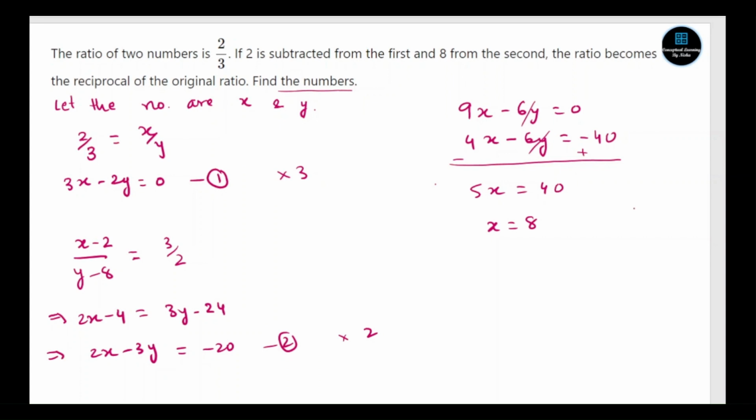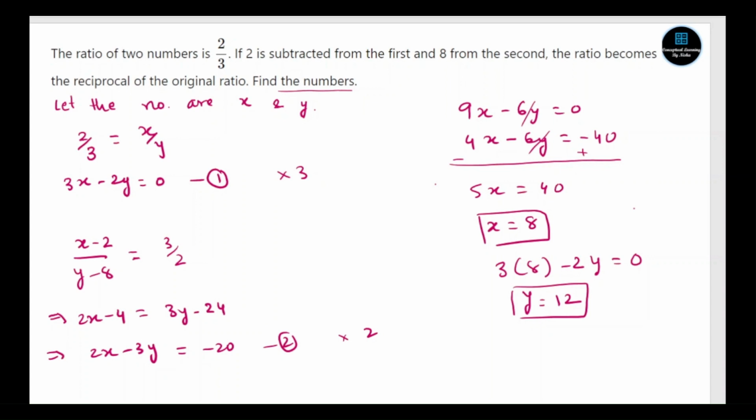So we'll get x equals 8, and then when we substitute in any of the equations, I can find the value of y. So 3 into 8 minus 2y equals 0. So I'll get y equals 12. So here is the solution. So the numbers are 8 and 12. You can verify your answer. As I said, 8 upon 12, you'll get the simplest form is 2/3.